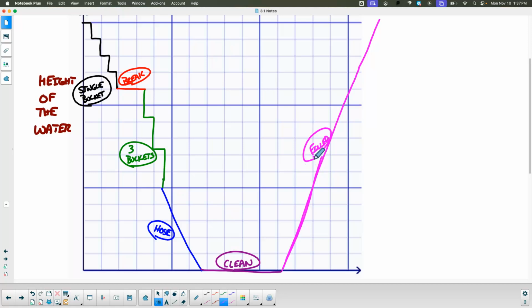Okay? So on your story, you need to have steps. This is called a step function. You need to have small steps for when she was just doing it. Okay? You need to have bigger steps for when there were 3 buckets going.